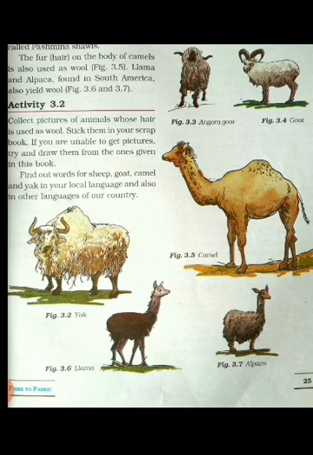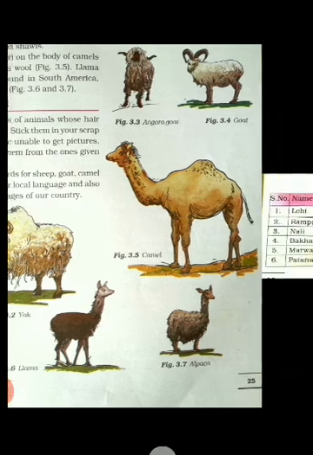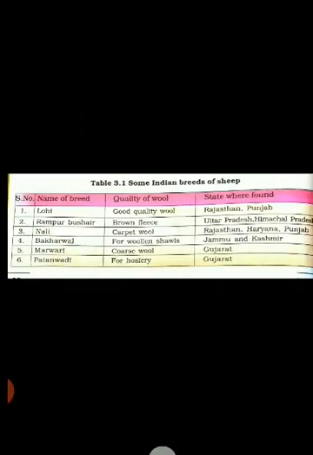Now let's move on to the topic, how wool is obtained through different steps, otherwise called various stages of obtaining wool.